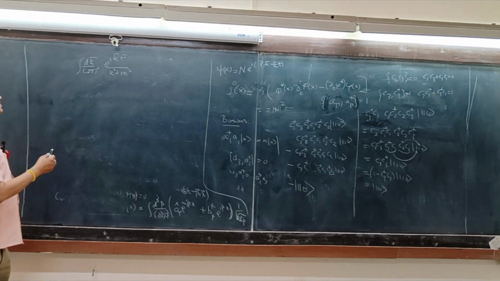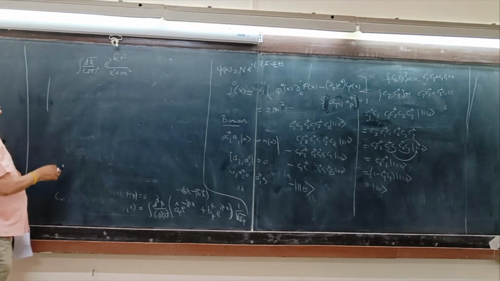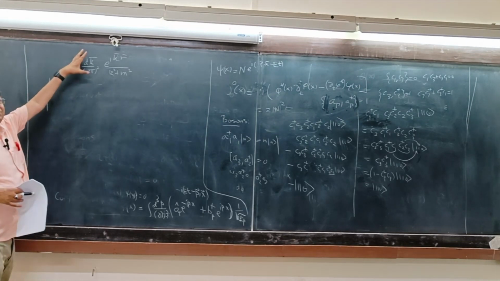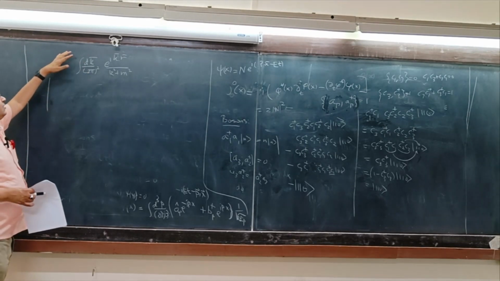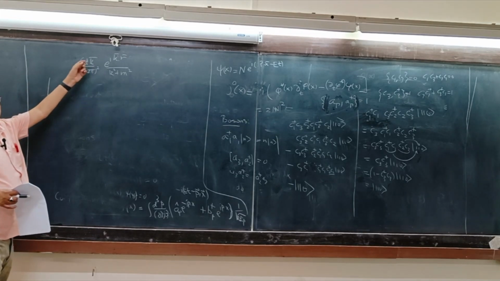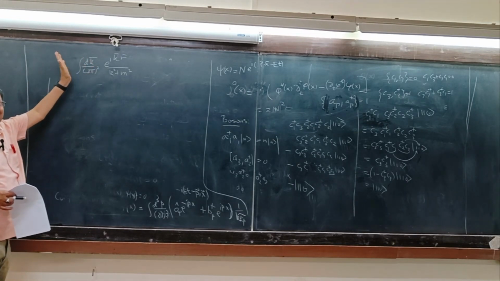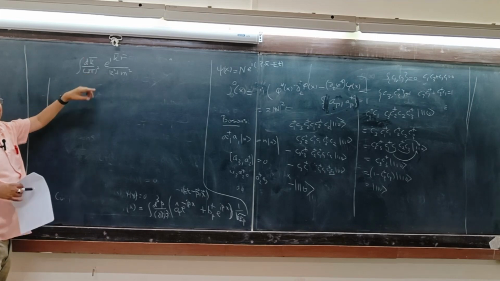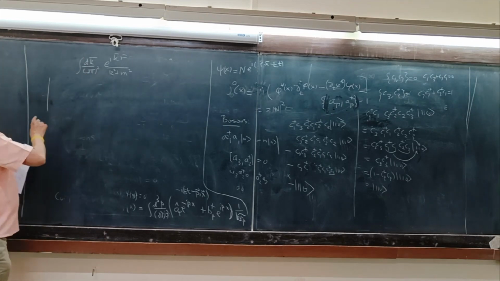Okay, so this I have done in the class. Just to give you a sketch, this is summed over all k's, and it's isotropic. It doesn't depend on the angle for r.